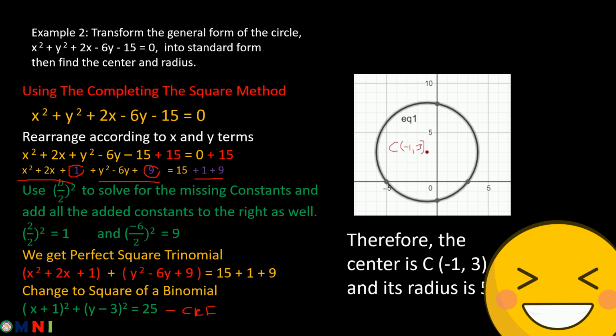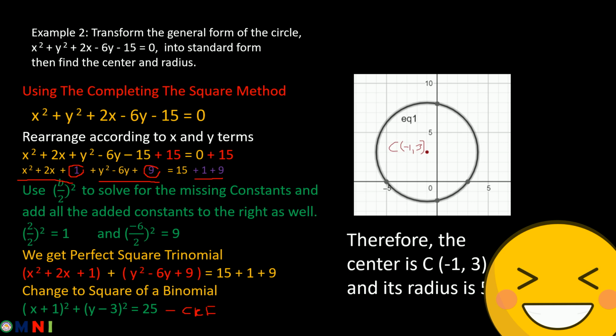And then you locate the center, so this is negative 1 here, and then 1, 2, 3 is here, then that's 4, that's 5, so this is positive 3, so it's negative 1, positive 3, this is the center. And then of course, by the GeoGebra app, we were able to find the radius there, which is equal to 5 units. Okay, so that's the next example.